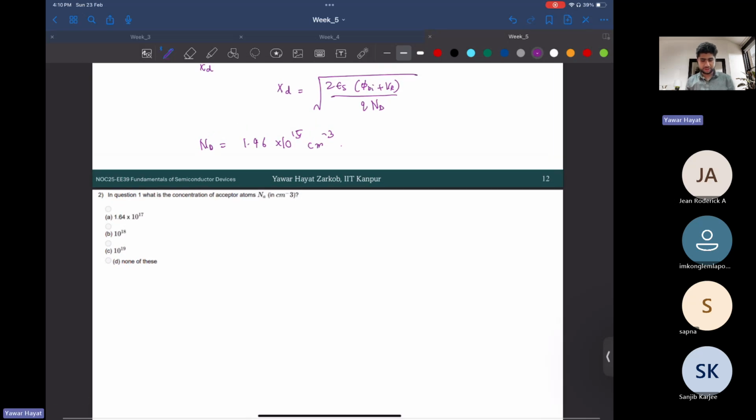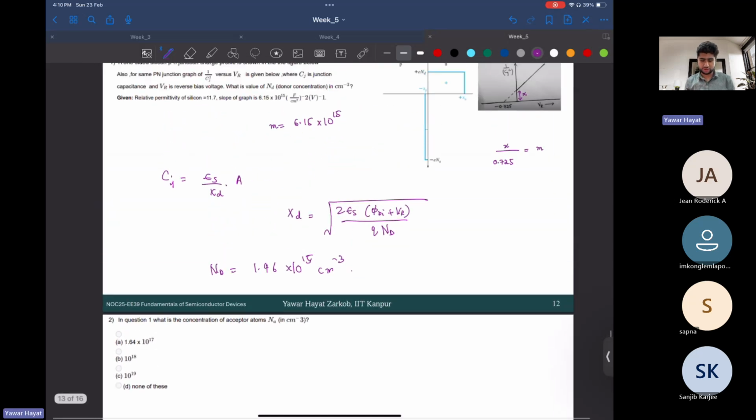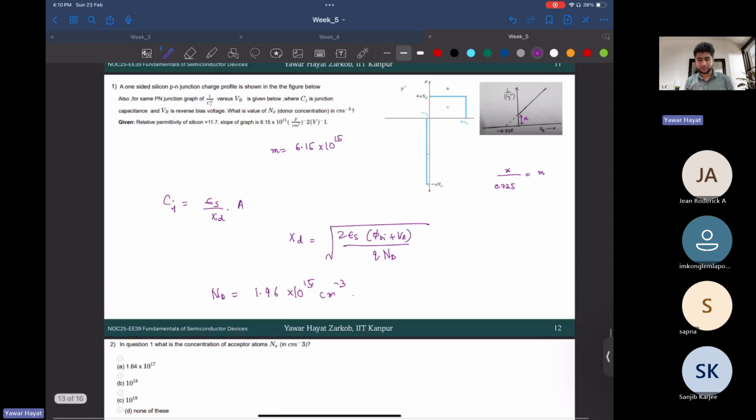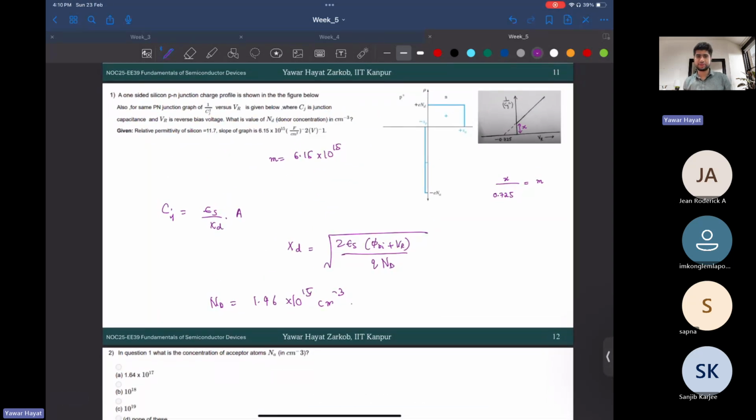And in question one, what is the concentration of acceptor atoms? You can also find that out as well. So problems one and two would be your homework problems. You'll work them out and you can let me know via mail if you have any query regarding that, and I'll reply by providing the solution or answering that query.